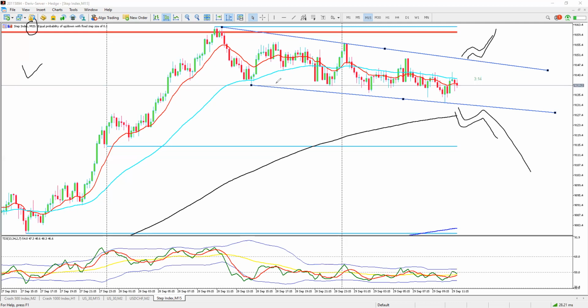So wherever you see zones, you just draw the zones. So you know that if you're in a channel, if you're selling from here, you look to take profit on the zone.